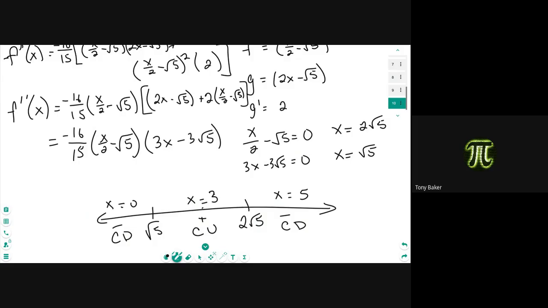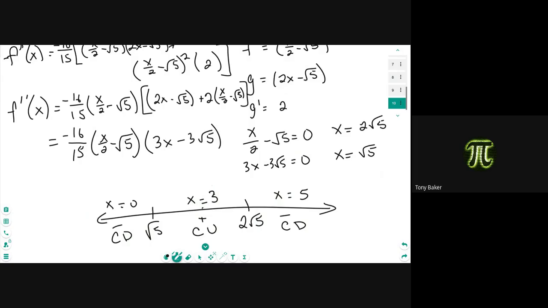This doesn't switch direction. Because it switches concavity here, we need that point as well, because that's going to be our inflection point.